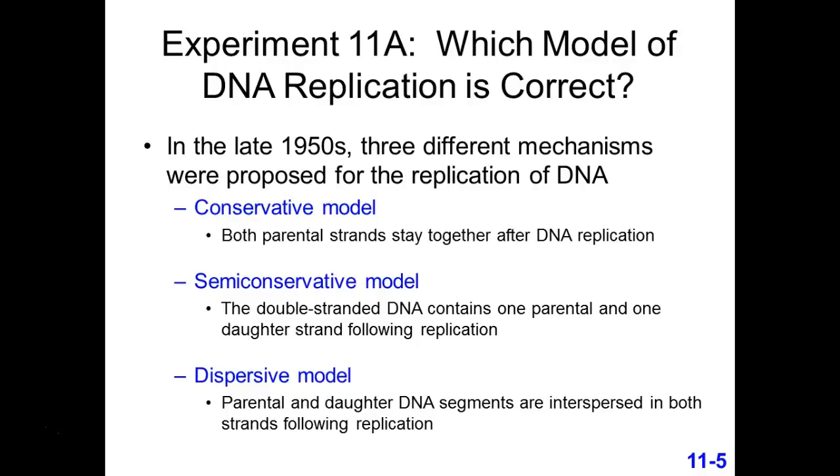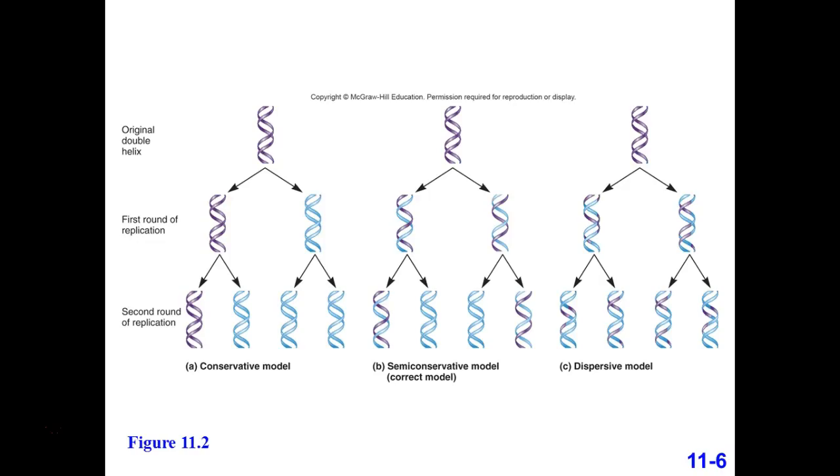What actually happens is the semi-conservative model, where one parent strand and one daughter strand make up the new strands. And then this, I have to say, is the strangest one. The dispersive model, where they believed that it was different pieces of parent and daughter. Like, how would you put that together correctly, right? It just doesn't seem to make sense to me why they would think it was like that.